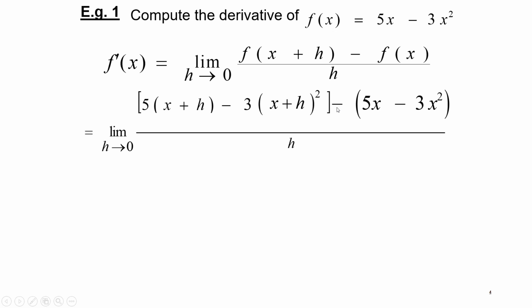Minus is here, 5x minus 3x squared is the entire f of x. So this completes the entire formula of the definition. We are going to simplify that now. Limit as h approaches 0. So we're going to talk about the top part here, the numerator. h just comes along.